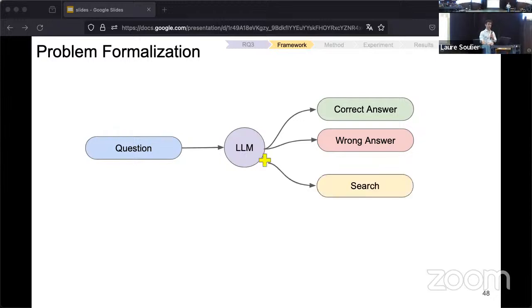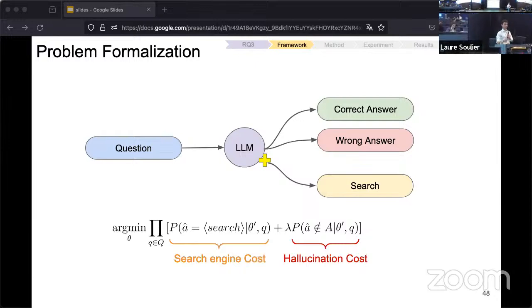So here the goal is to find a new set of parameters that allow the model to also call an external API, the search engine, but only when it's more likely to produce a wrong answer. Calling an external search engine also induces a cost, as does providing a wrong answer.